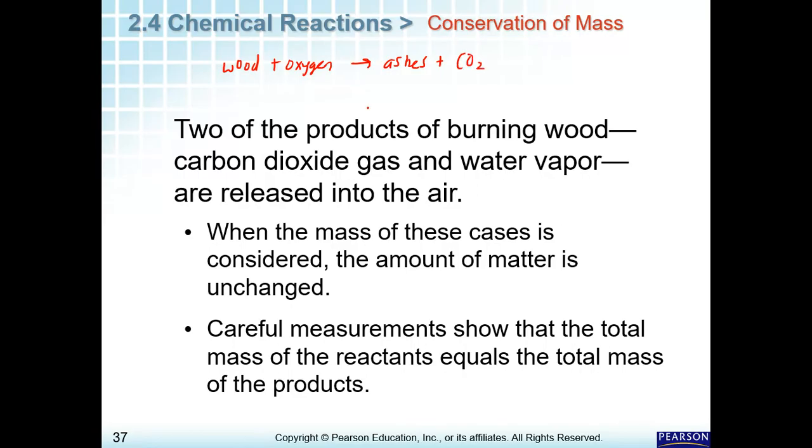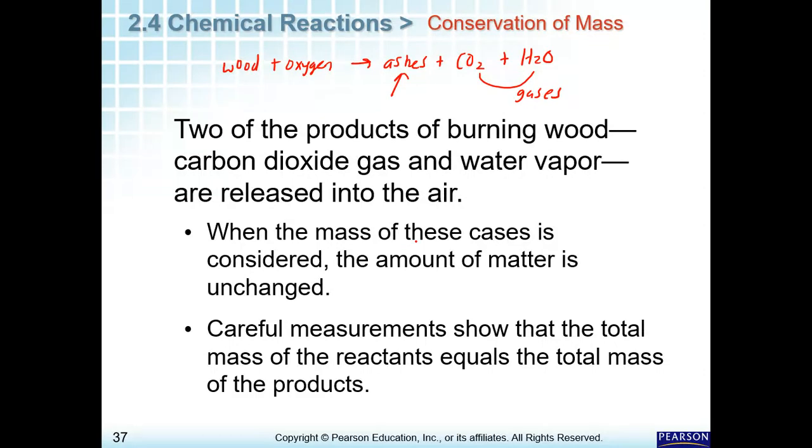We get CO2 gas, carbon dioxide gas, and we get water vapor, or H2O, in a gas form. We usually only see ashes, which is why it looks like there's a reduction in matter. However, we also get two other things that are created, carbon dioxide and water, and both of these are gases. And gases are really hard to trap, and oftentimes we see them released into the air.